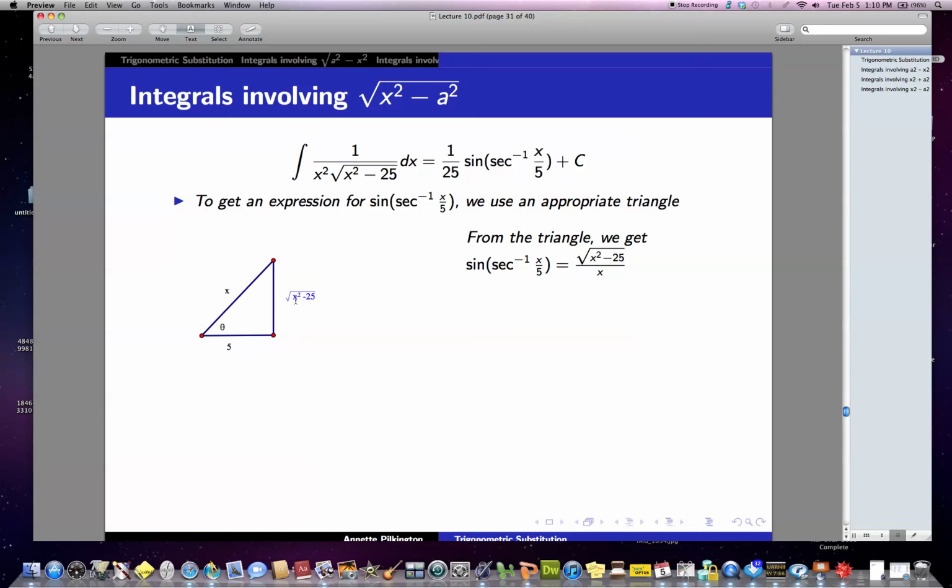That allows me to calculate the length of the third side, which is the square root of x squared minus 25. And now sine of this angle, sine of secant inverse x over 5, is the square root of x squared minus 25 over x, the opposite over the hypotenuse. Then I can substitute that for this complicated thing everywhere in the integral, and I end up with a nice answer written in terms of x.